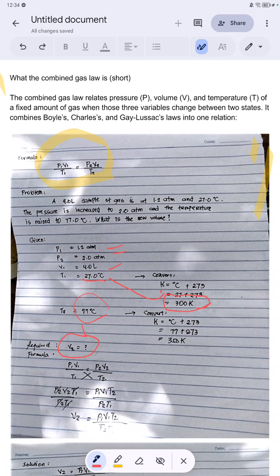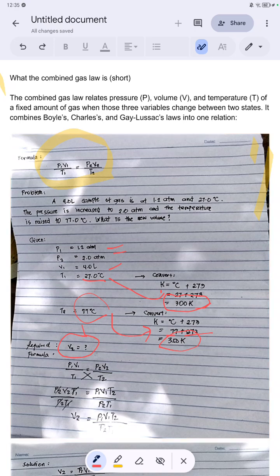Again, you need to convert it first to Kelvin before moving on with the solution. Substitute 77 plus 273. So what is T2? It is 350 Kelvin.